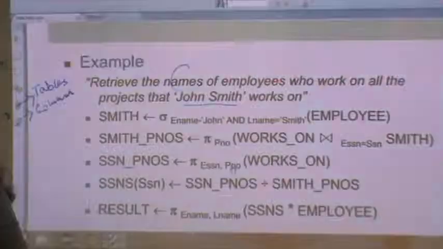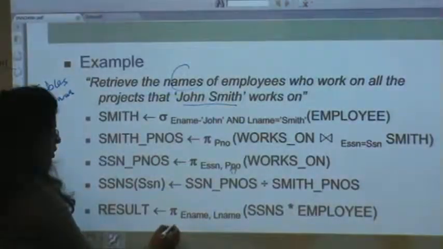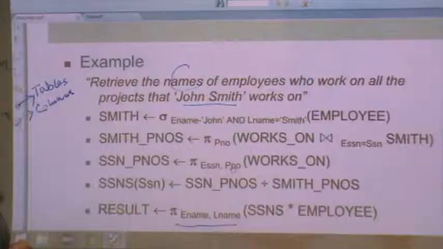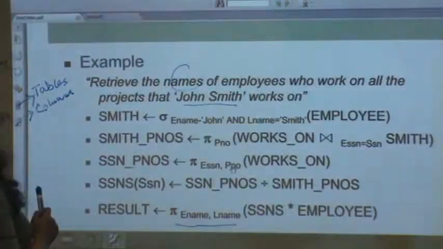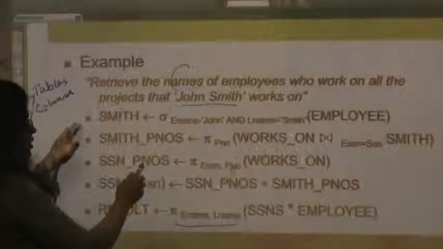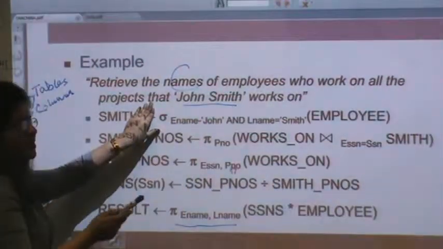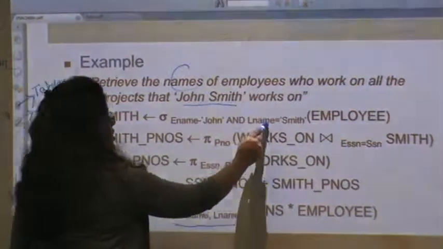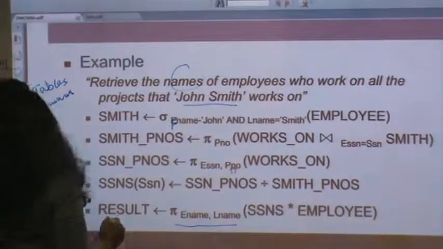So here, as it's first name, last name, I'm assuming that's how it is. So first, let's decide who is John. From that, we are putting conditional things where e-name means employee name is John, and last name, I think it should be F name, because it's F name there.